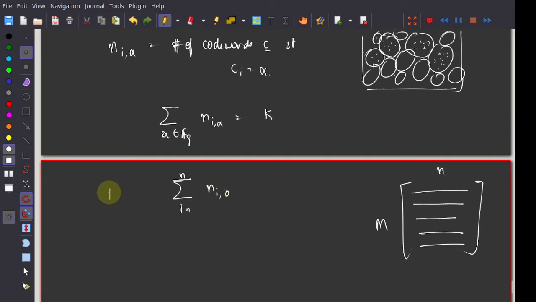And so the summation over i equal to 1 to n of n_i0 is basically the number of zeros I have in this entire matrix.